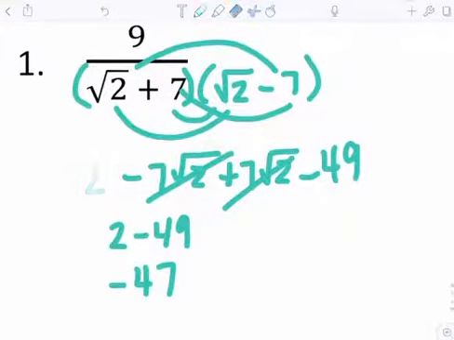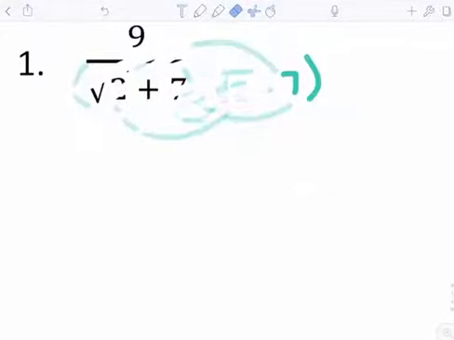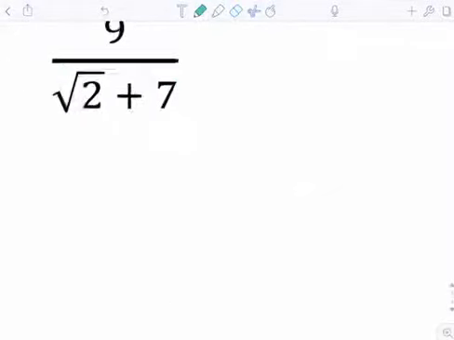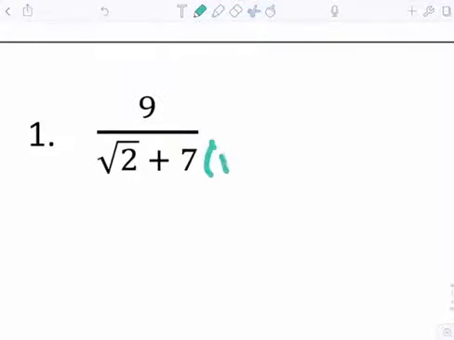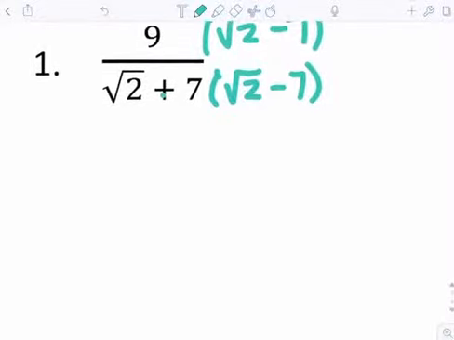Okay, so because we're creating our own difference of two squares, we are getting rid of that middle term. We are getting rid of that radical. So again, I'm going to multiply by root 2 minus 7, so the opposite of this sign. And what you do to the denominator, you have to do to the numerator.